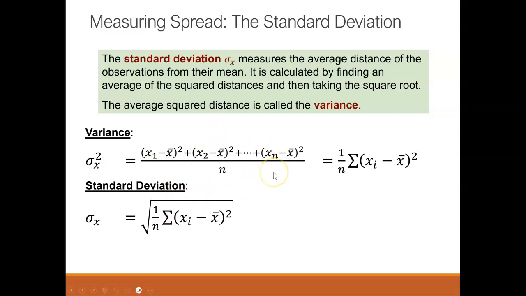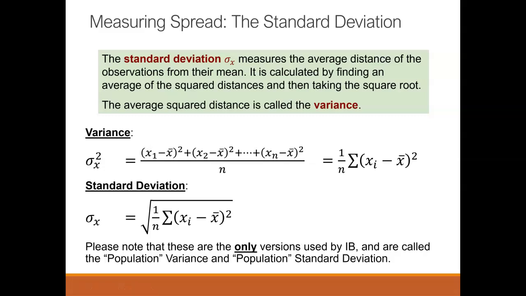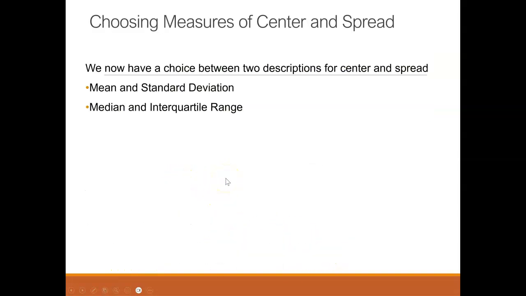So we have that. Yeah, and I just said the population is what this is. Okay. So we have these 2 different descriptors of spread. We have standard deviation and we have interquartile range. Typically, we use mean and standard deviation together, and we'd use median and interquartile range together.